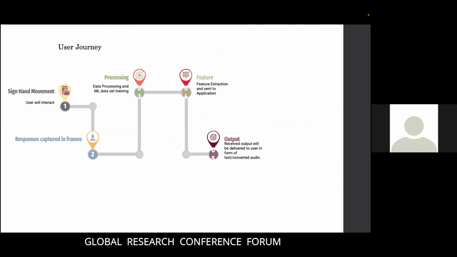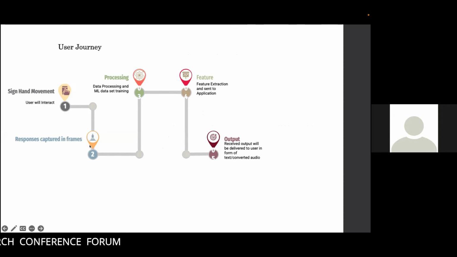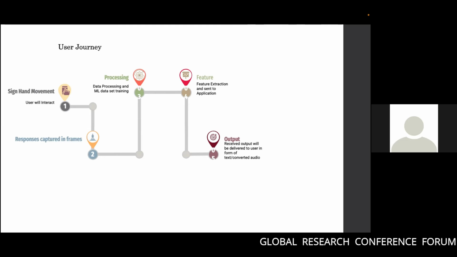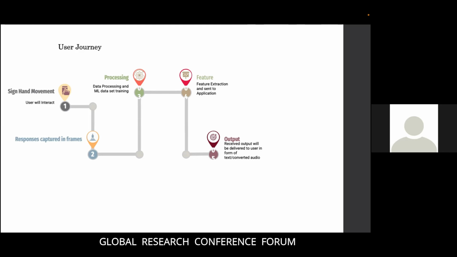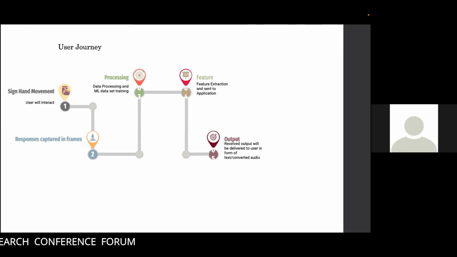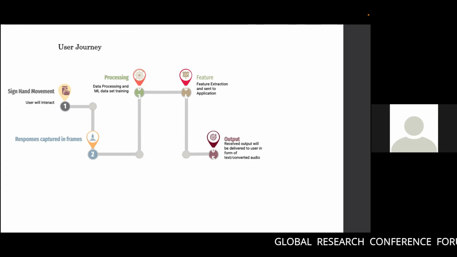Those movements will be captured in frames and processed through the machine learning algorithm. It is not always available on the internet, so that model should be available offline as well.